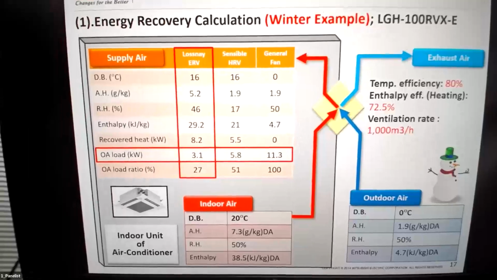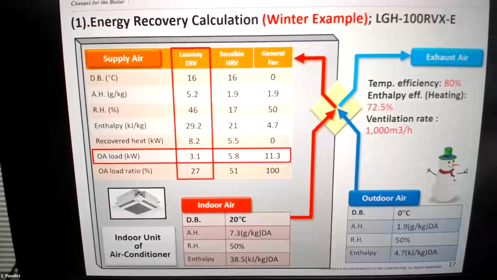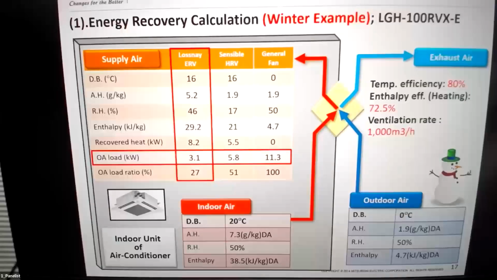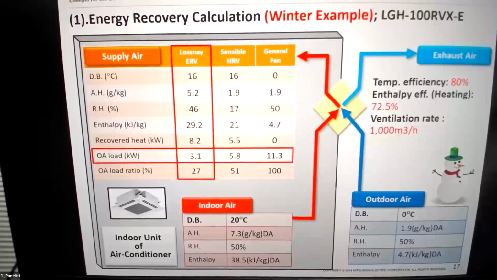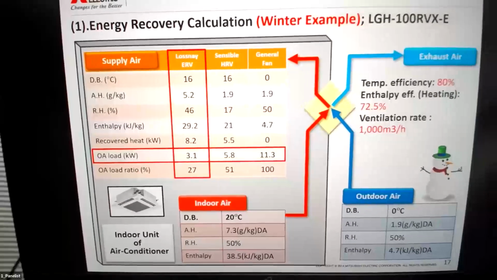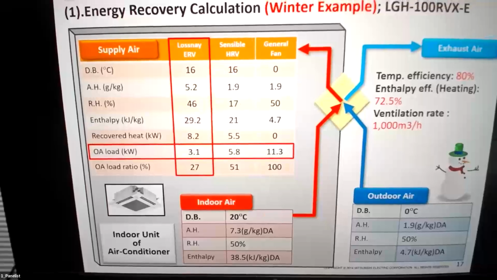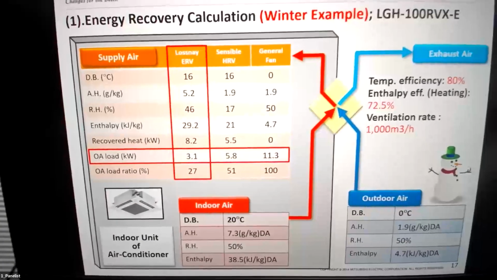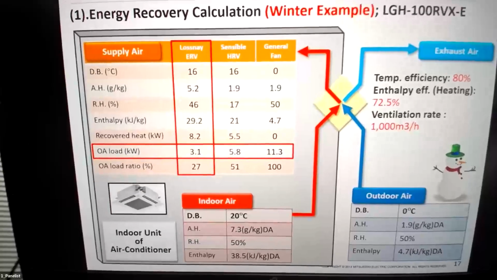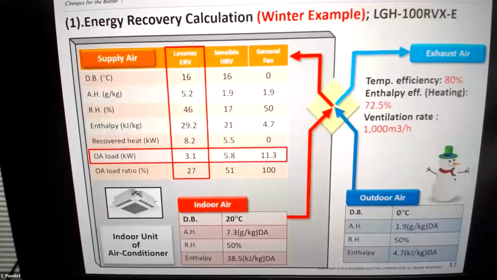But if you minimize the air volume with a large unit, we can expect extremely high efficiency. So we need a balance of size, cost and dimension. Is this okay? Not 100% okay, but thank you. More questions?